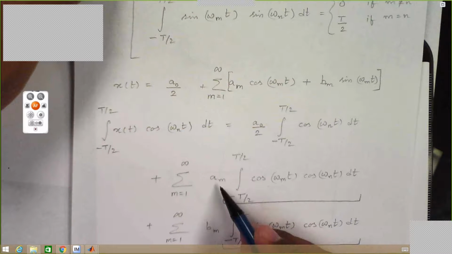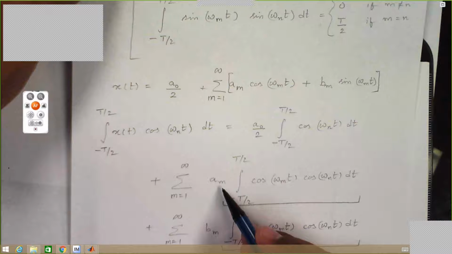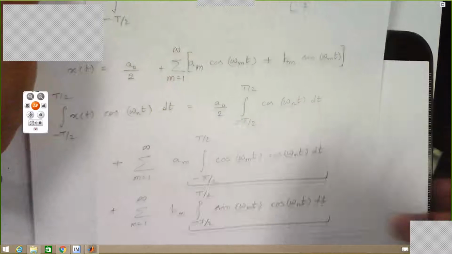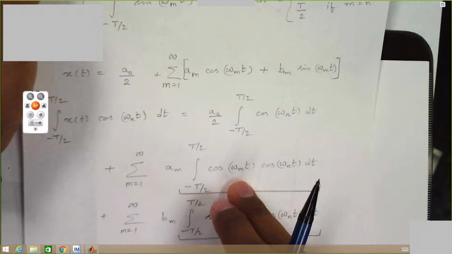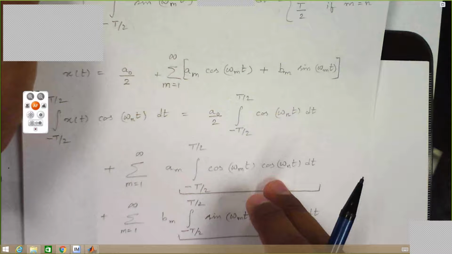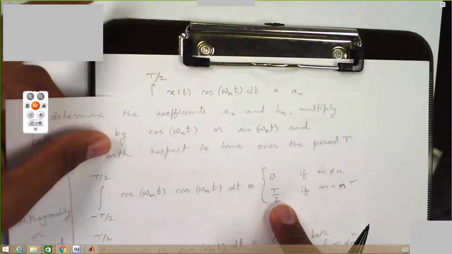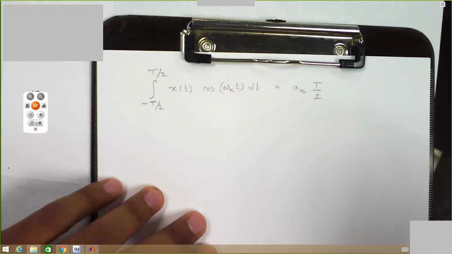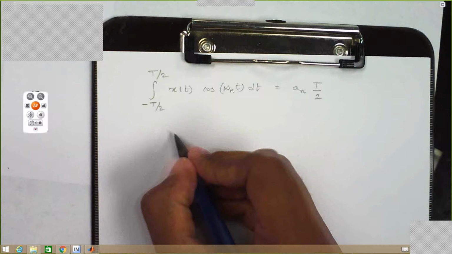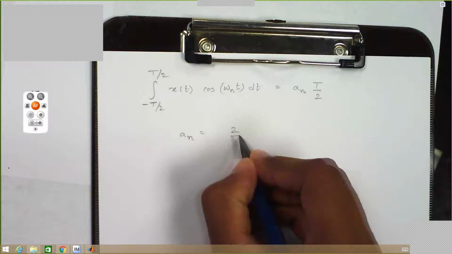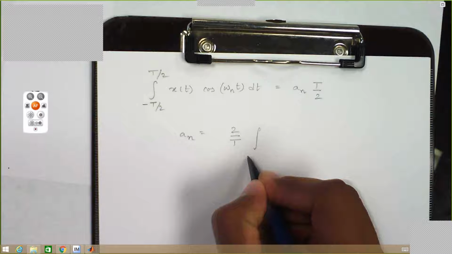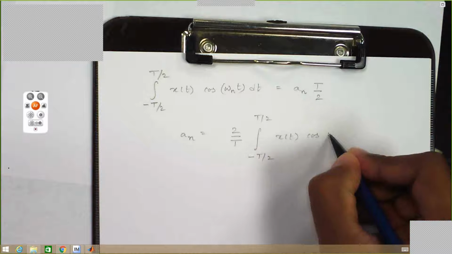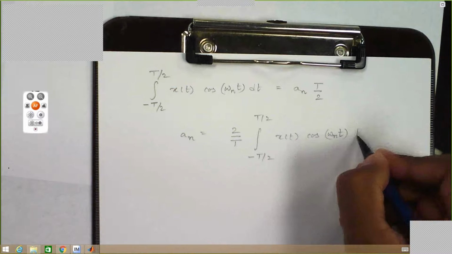This coefficient will be an, but when m is equal to n, this is nothing but an times this integral which we have, cosine of omega mt, cosine of omega nt. When m equals n, that value is T by 2. So essentially we are left with T by 2. So that means an is 2 over T integral minus T by 2 to T by 2 x of t into cos of omega nt dt.